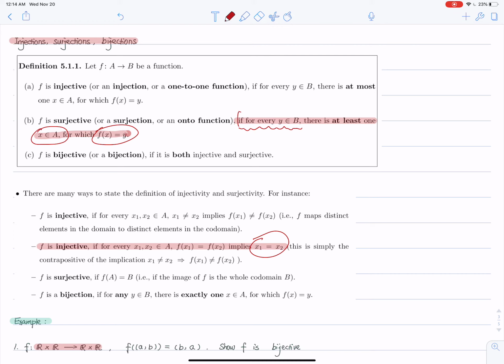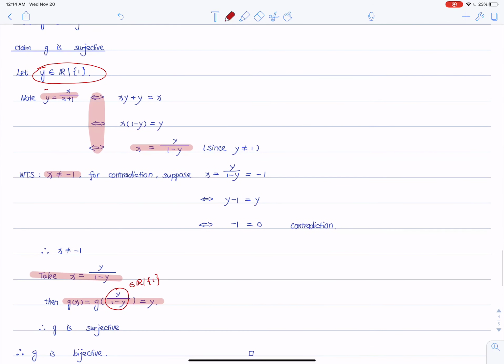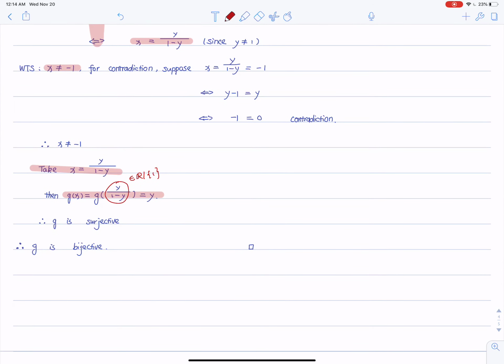Okay, right here. And that's why the function g is surjective, therefore it's bijective.